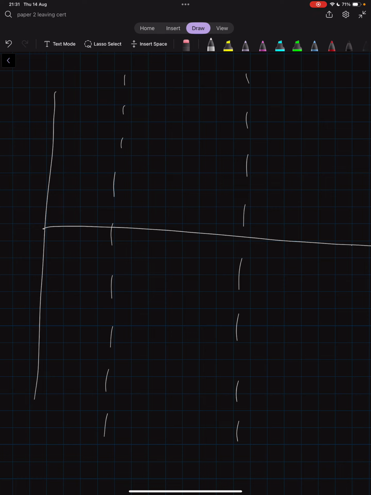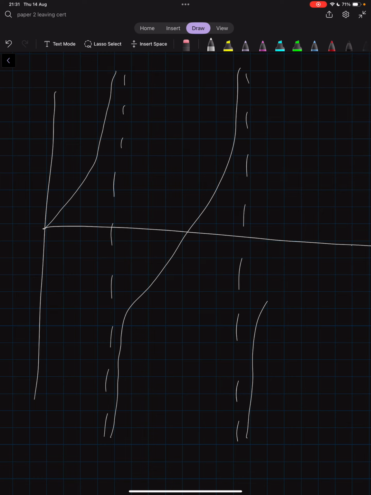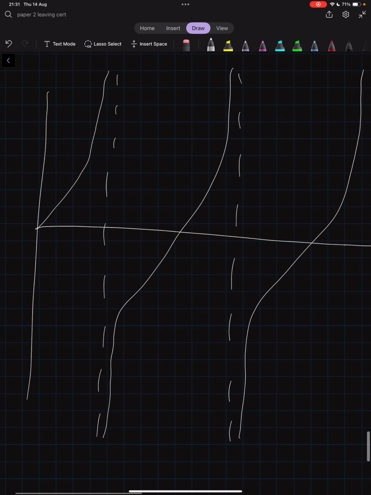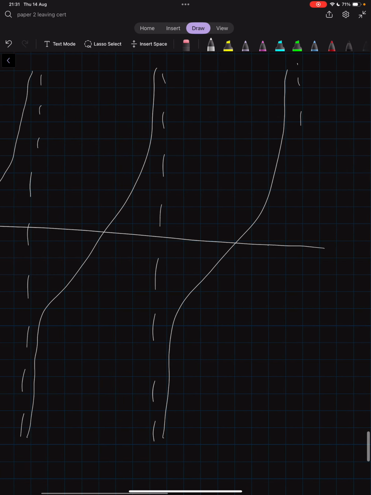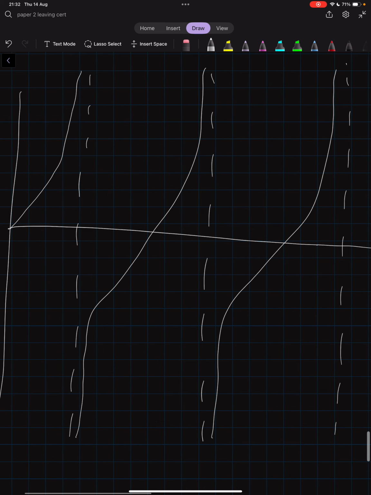Sorry. It should kind of, yeah, kind of like that. Kind of like this more so. Like that. So it doesn't really go flat. It kind of just keeps going up, you know. So yeah, that's what tan looks like.